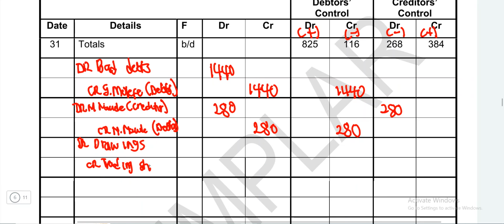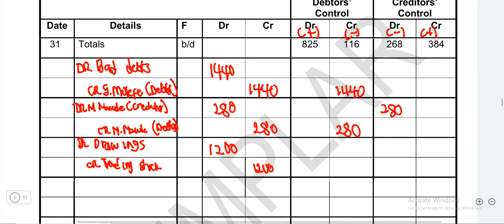Please be careful when you do such transactions, and remember the amount, I think it's 1,200. Now we need to check, does this affect the debtors control? Yes or no? It does not affect the debtors control. It does not affect the creditors control. So therefore, we don't touch those areas because the transaction does not affect them. Please avoid making the mistake of recording these things where they are not supposed to be recorded.